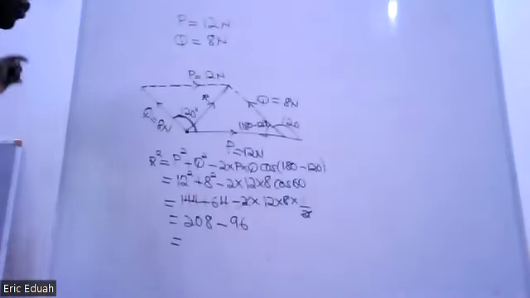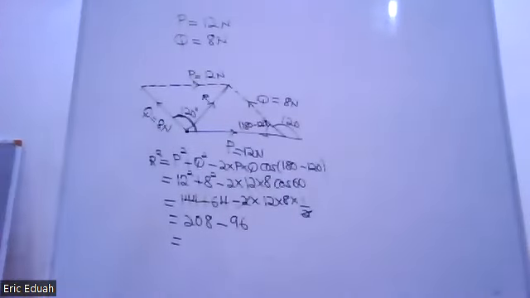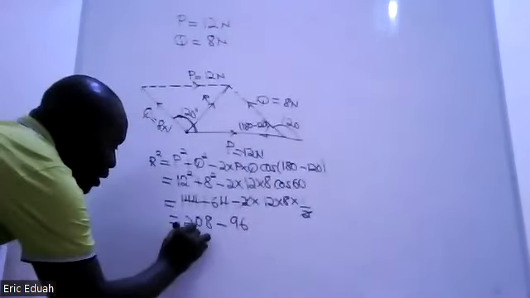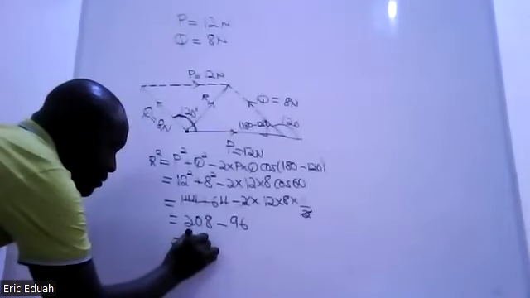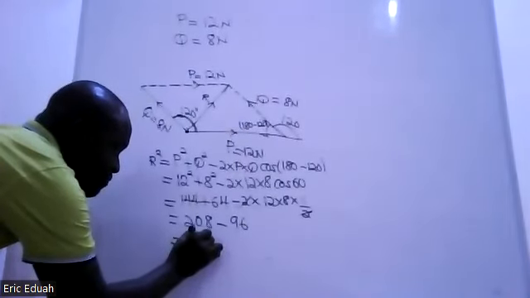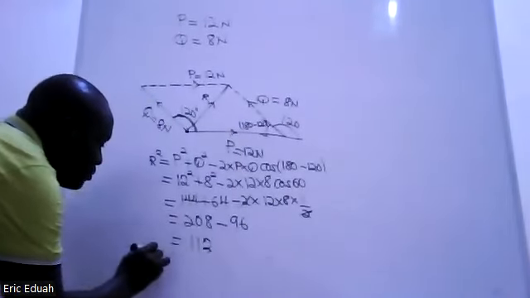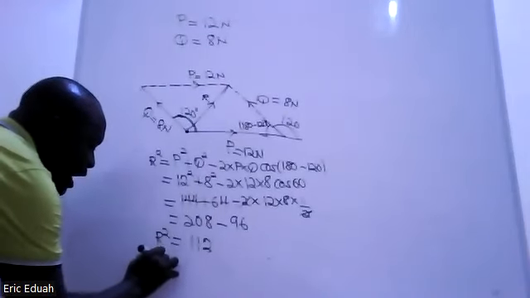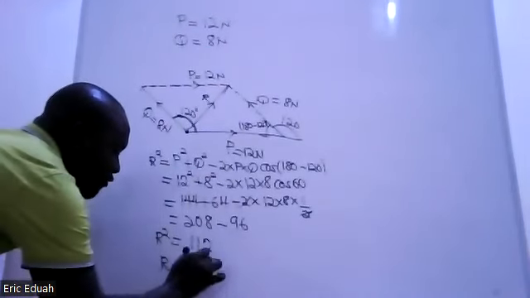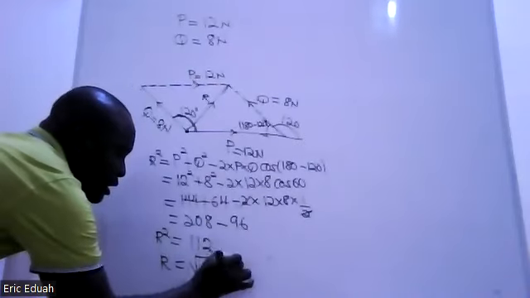When you subtract 208 minus 96, we get 112. Therefore, R is equal to the square root of 112.